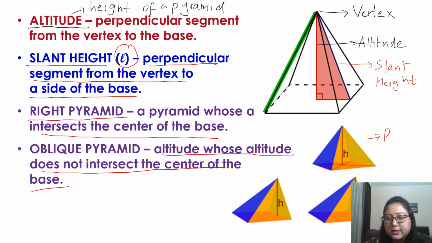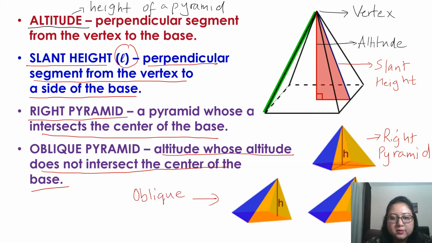The first one is a right pyramid, and the second one is an oblique pyramid. So just in simple ways, if I have to say the difference between the two, then in the right pyramid, the angle is going to be 90 degrees. Okay, because by the name it's right. So this altitude is meeting the center of the base at a right angle.